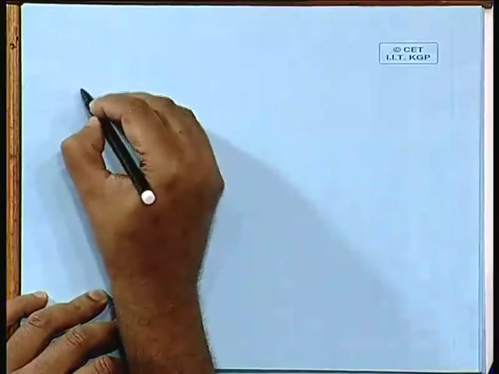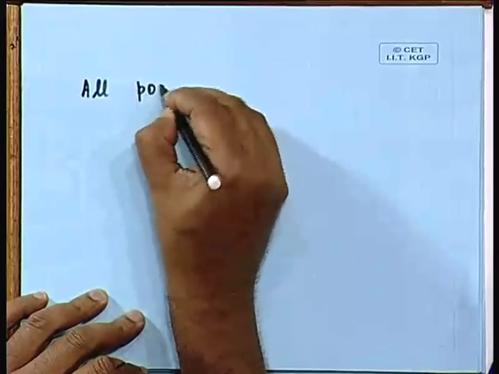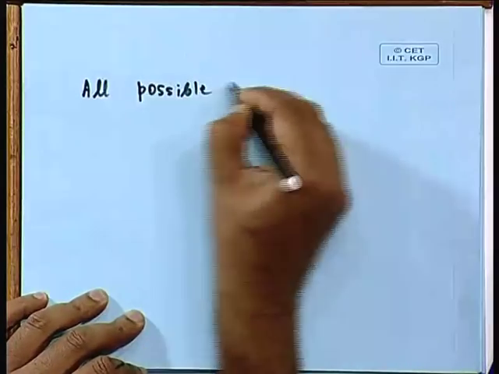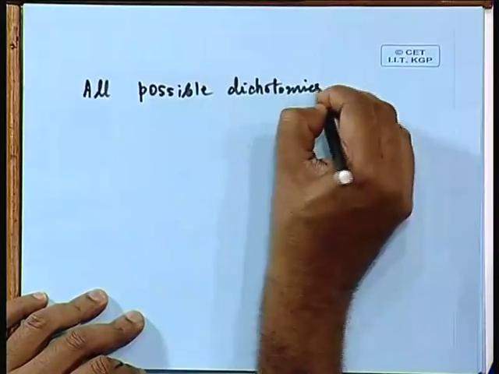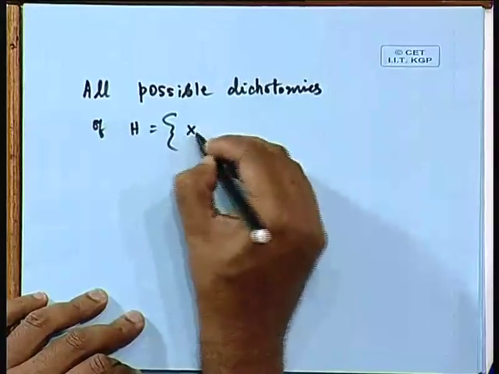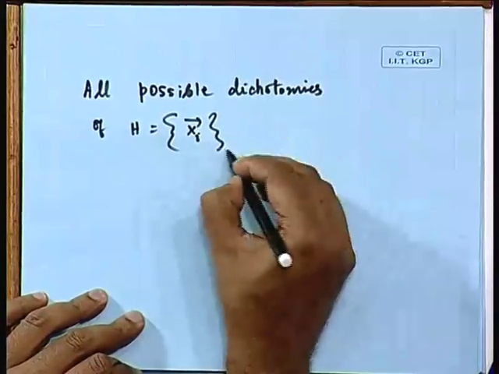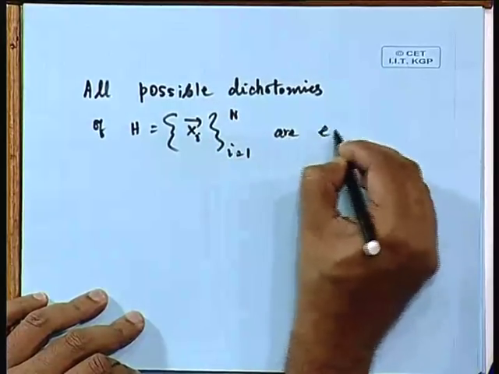It is based on some assumptions. What are the assumptions? That all possible dichotomies of H equal to xi, i is equal to 1 to n, are equiprobable.